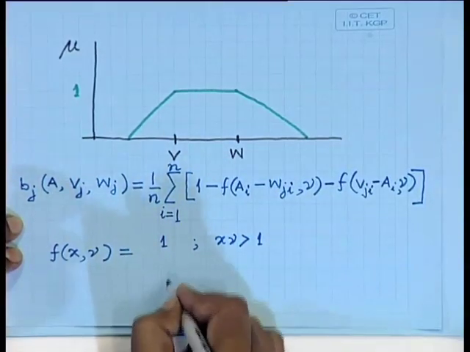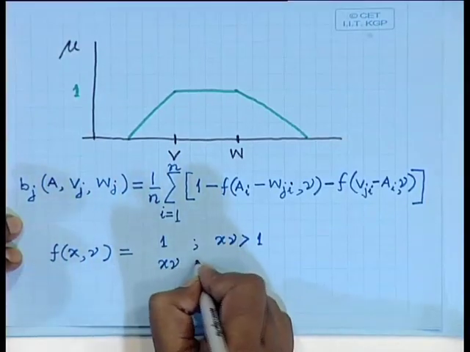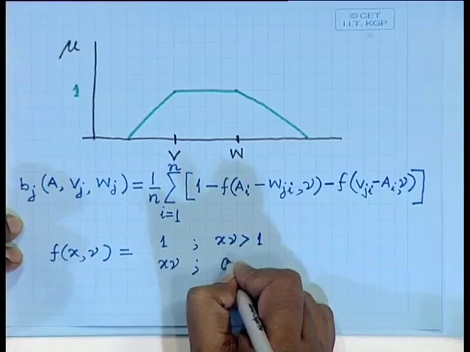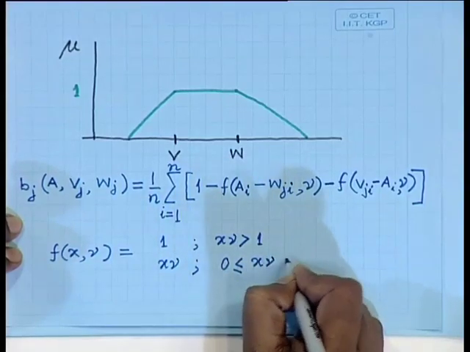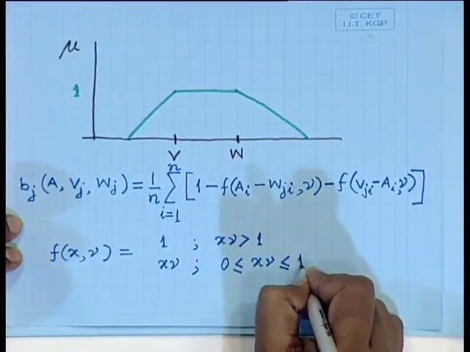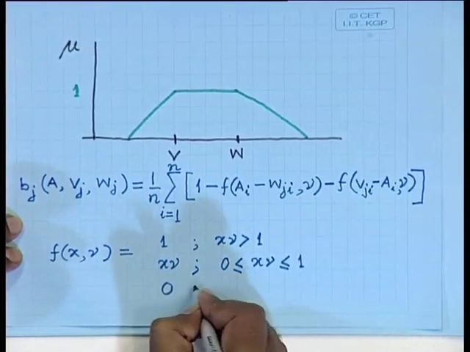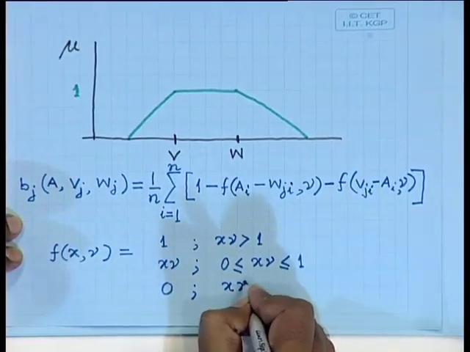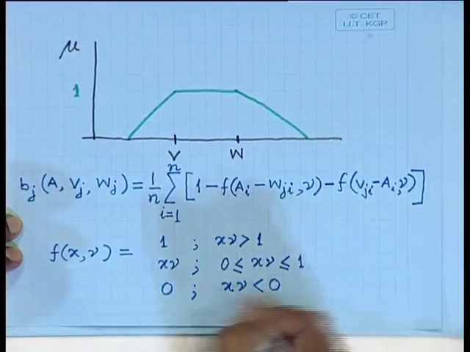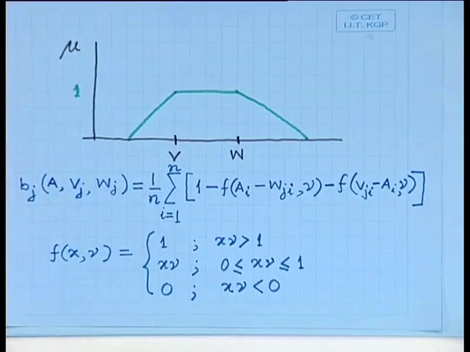This will be x into gamma if x into gamma lies between 0 and 1. And this will be equal to 0 if x into gamma is negative or less than 0. This is how I define the function f.